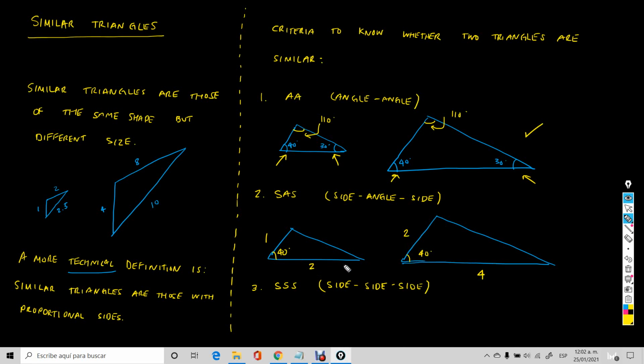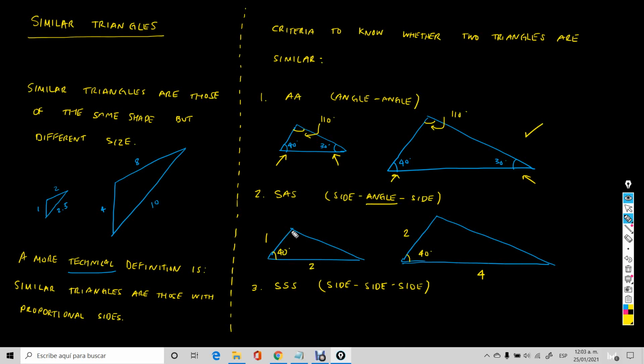I'm just making numbers up. So what can we understand about this pair of triangles? Well, they have an equal angle, and they have a pair of sides in here having the same proportion as the other pair of sides.